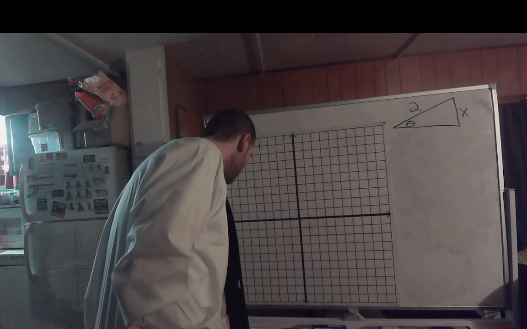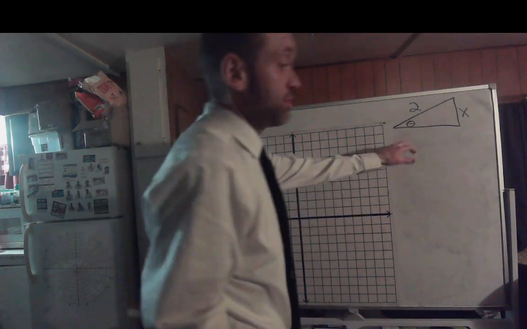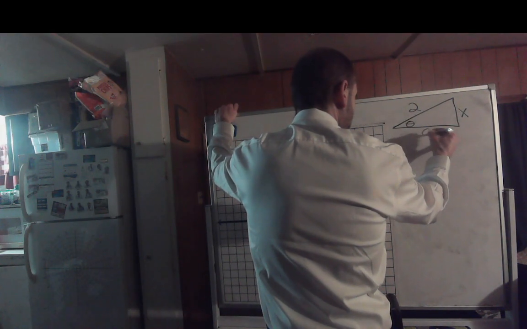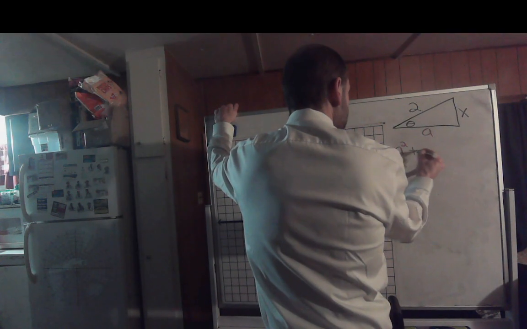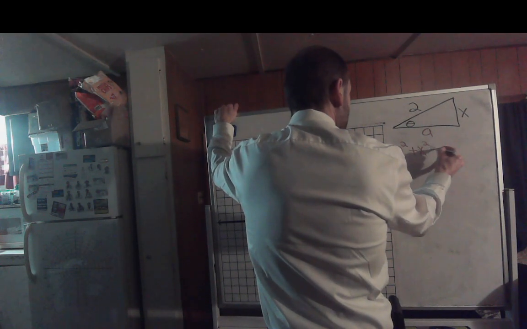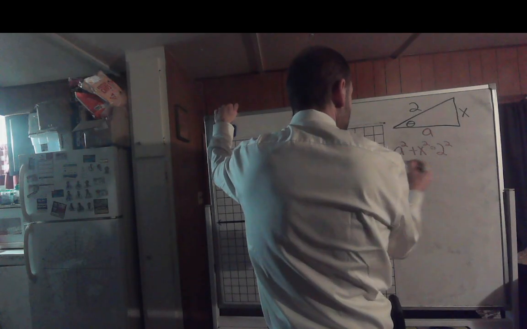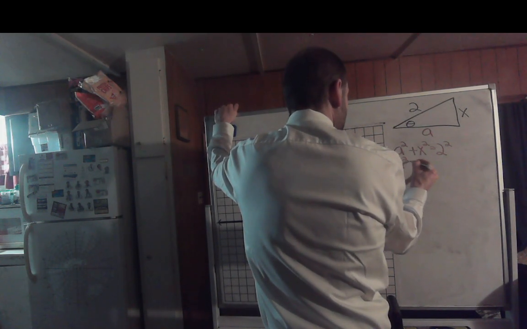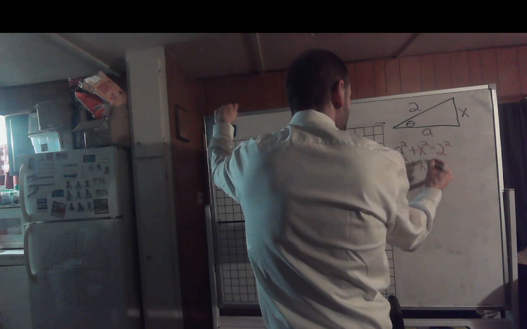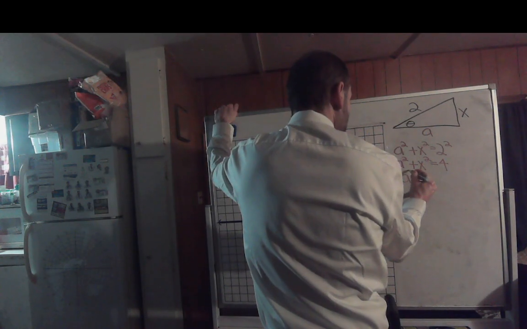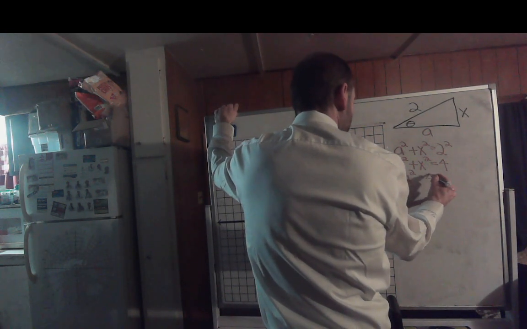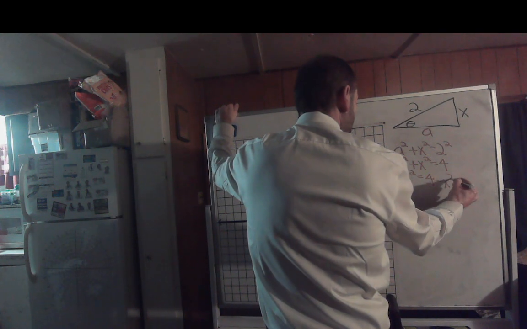So let's use Pythagorean theorem to solve for the third side. We'll call this side A. So we know that a squared plus x squared equals 2 squared. That means that a squared plus x squared equals 4. So a squared equals 4 minus x squared.